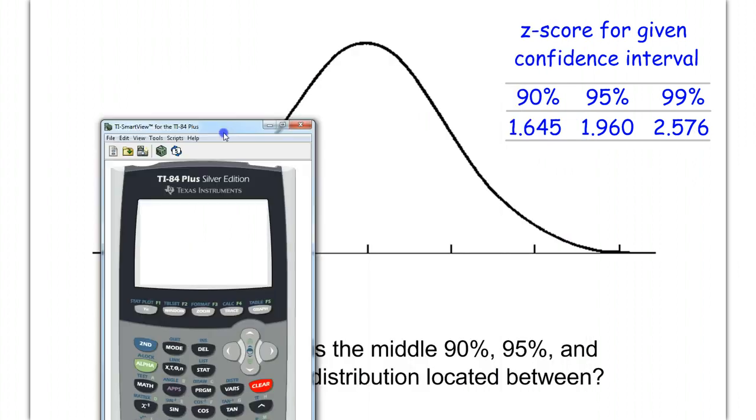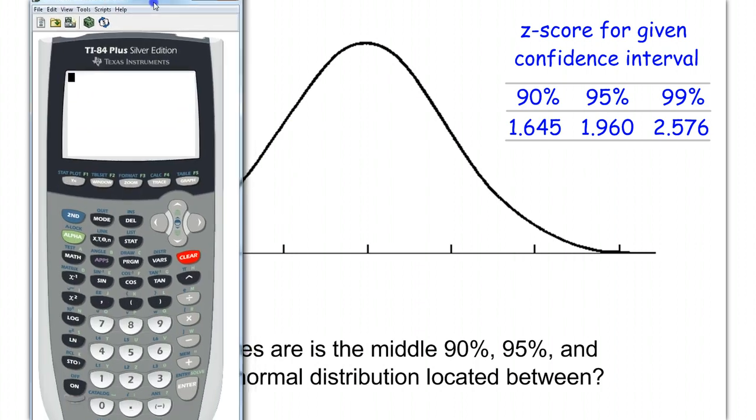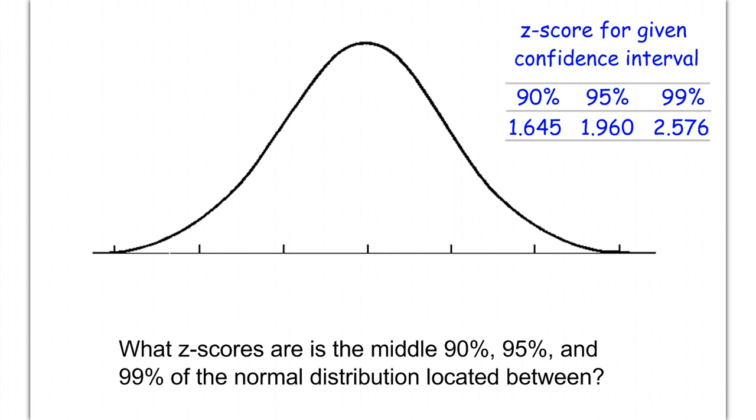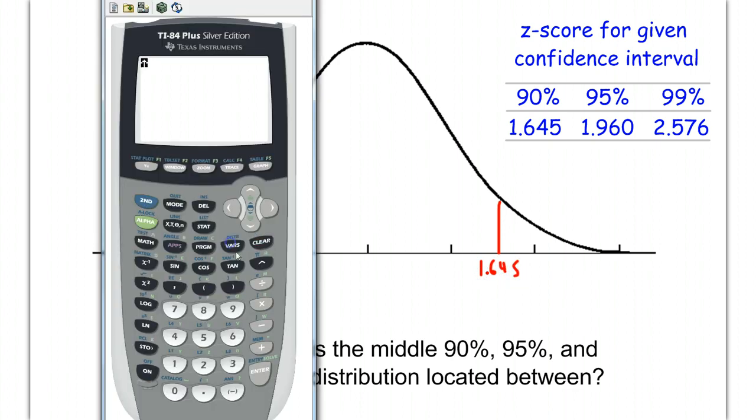If we want the area under the curve between negative 1.645 and positive 1.645, we would go to our calculator, do normal CDF, and type in those two values, the negative and then the positive version.